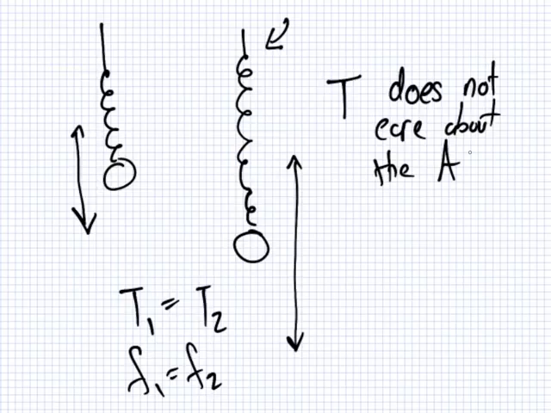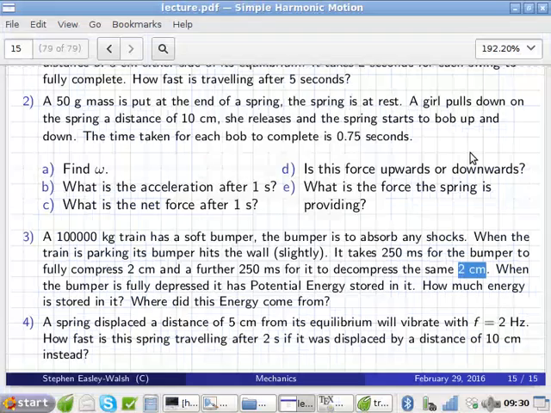So if I pull the spring down more, it will still take the same time to go up and back down. Which seems amazing, because you think that if you pull the spring down more, that should be maybe more time or less time. But in fact it's the same time. The proof of that will be in semester 2. For now, you can just remember that the time doesn't change even if you pull it down more. So that was my little trick here to the last one.